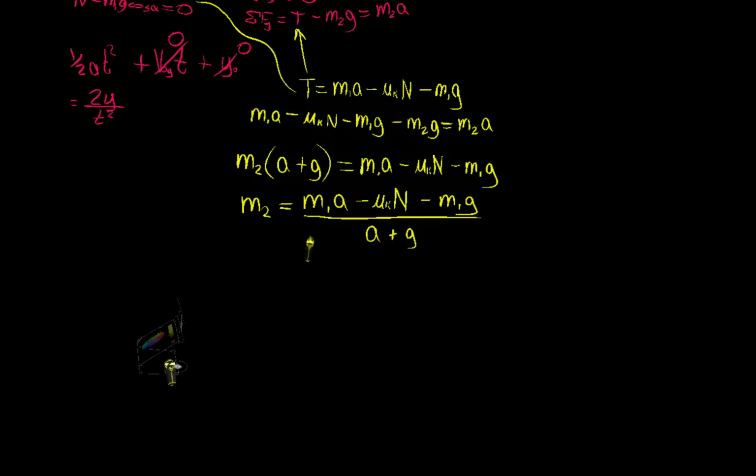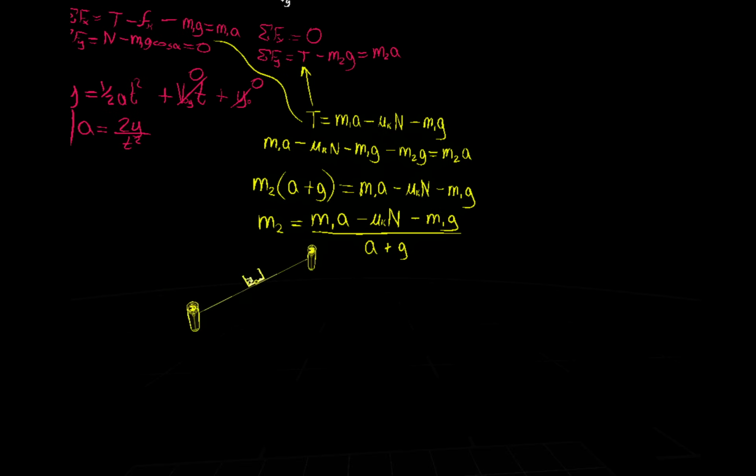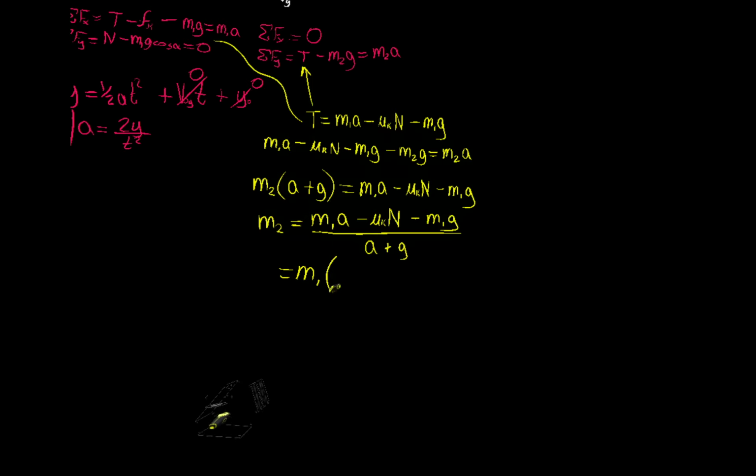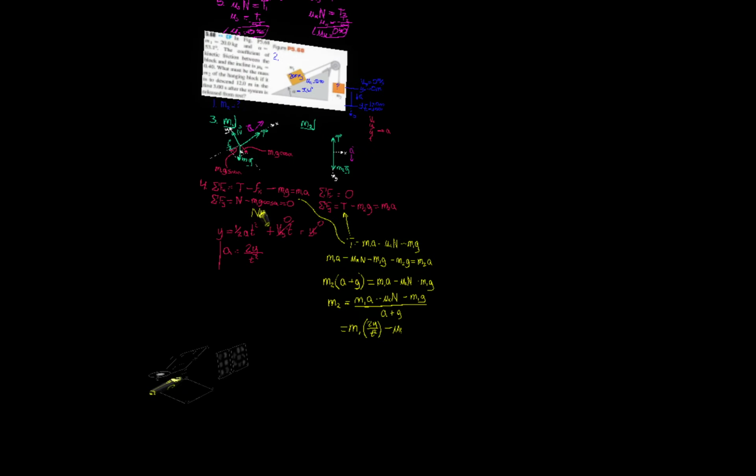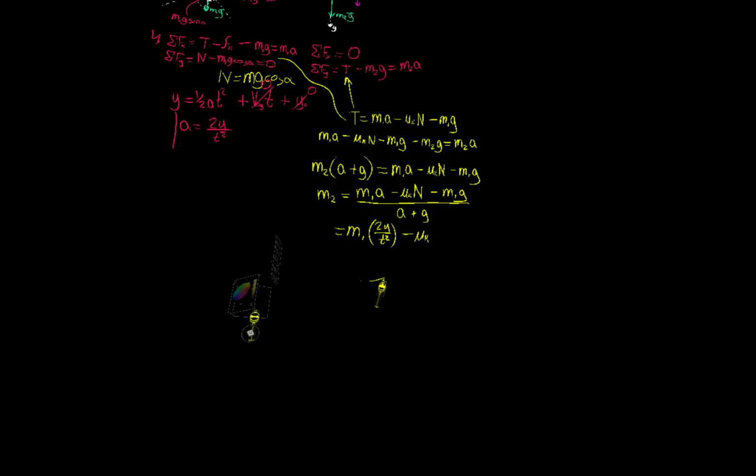And then also we have a, right? We solved for a. A was equal to 2y over t squared, so that's equal to m1 times 2y over t squared minus mu sub k times n. What is n? You could find n. N is equal to mg cosine of alpha, right?